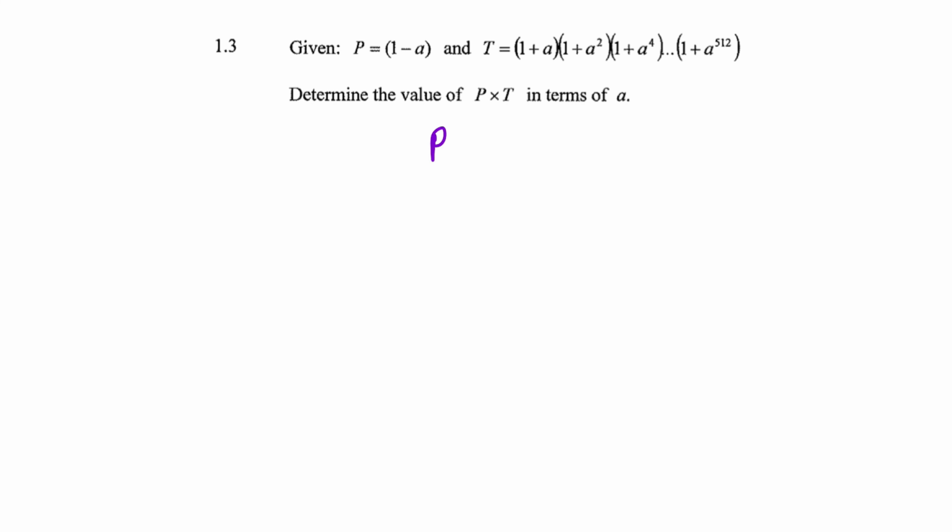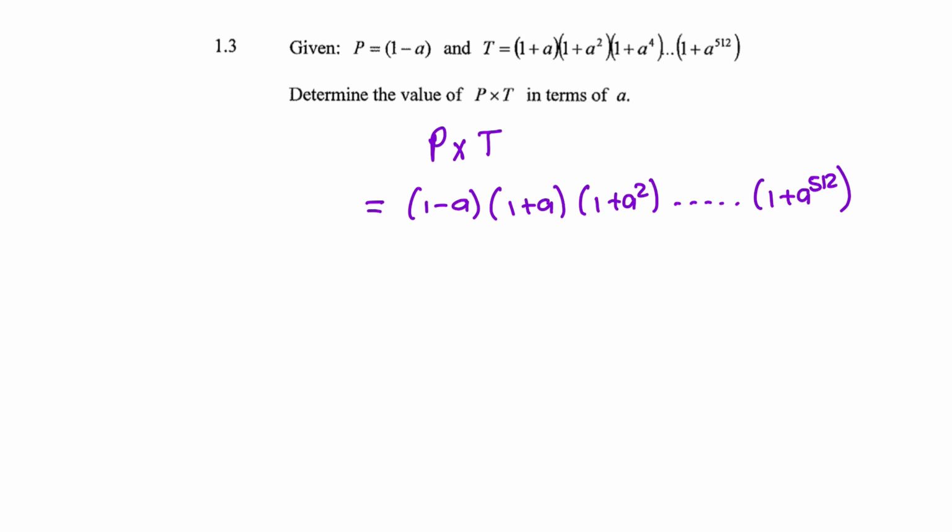We'll have P times T, and that is equal to (1 - a)(1 + a)(1 + a²), and that continues all the way to (1 + a⁵¹²).